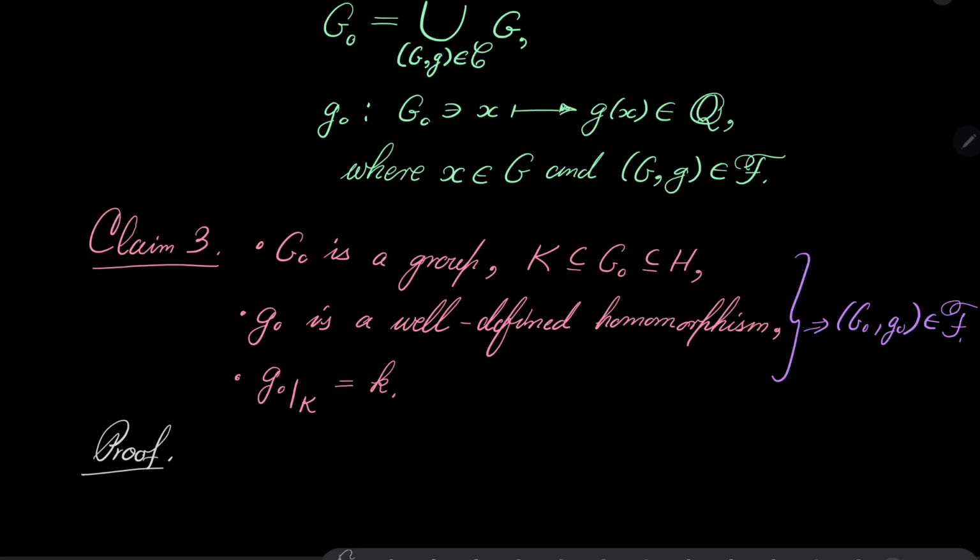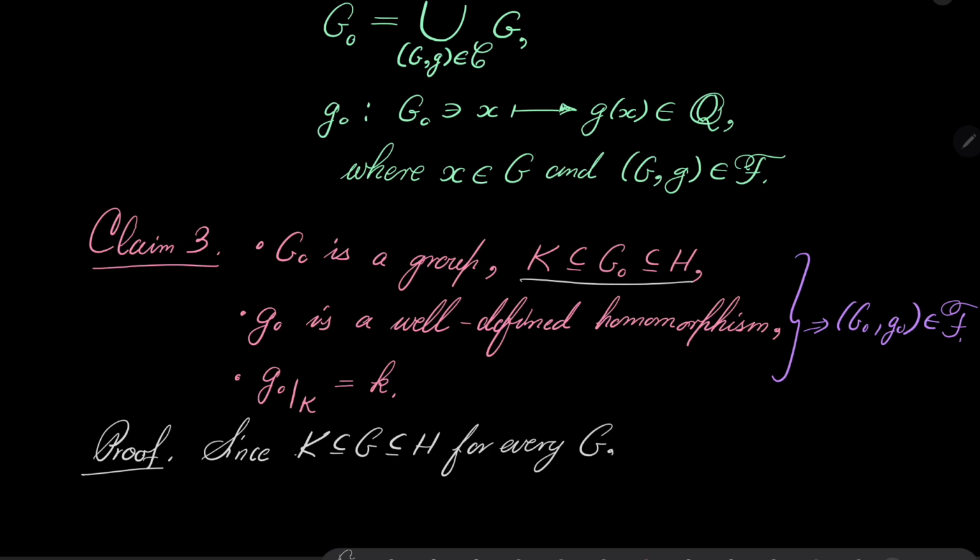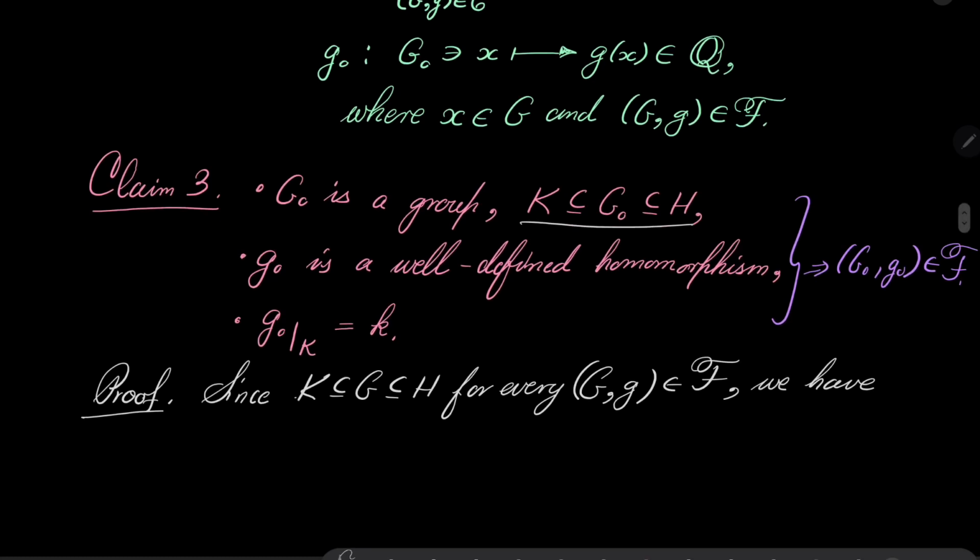Proof. Let's go one by one. Well, let's start with this. Notice that since K is a subset of G and G is a subset of H, for every G in our chain, or even in our entire family, we have, obviously, the sum of all elements G is in our chain.